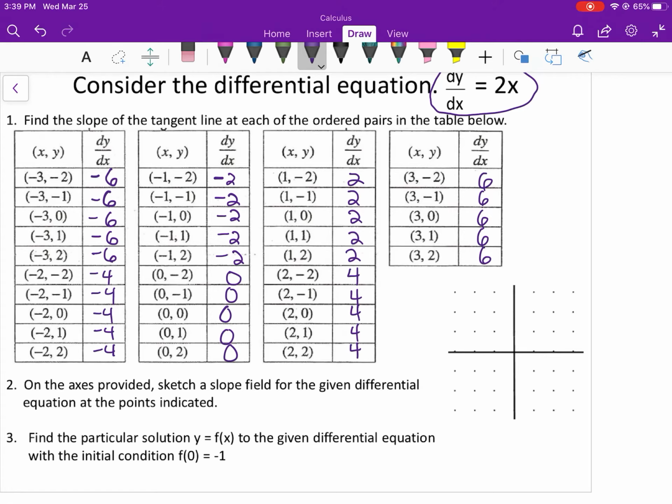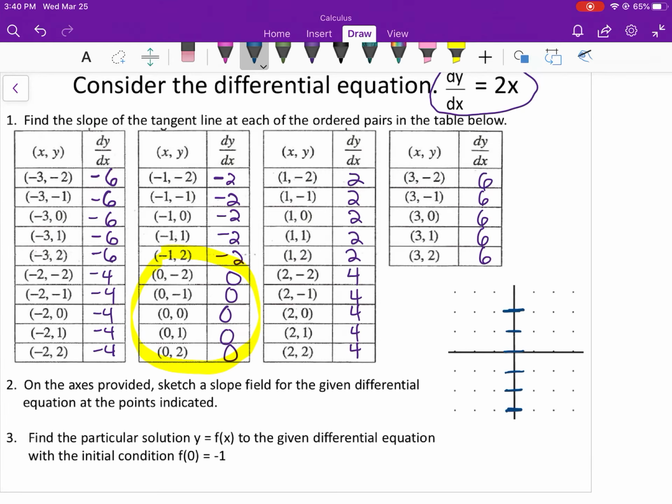All right, so what I'm going to do first is focus in on these guys right here. Those are my slopes of 0. So I'm going to draw a little line segment at (0, -2), (0, -1), (0, 0), (0, 1), and so on.